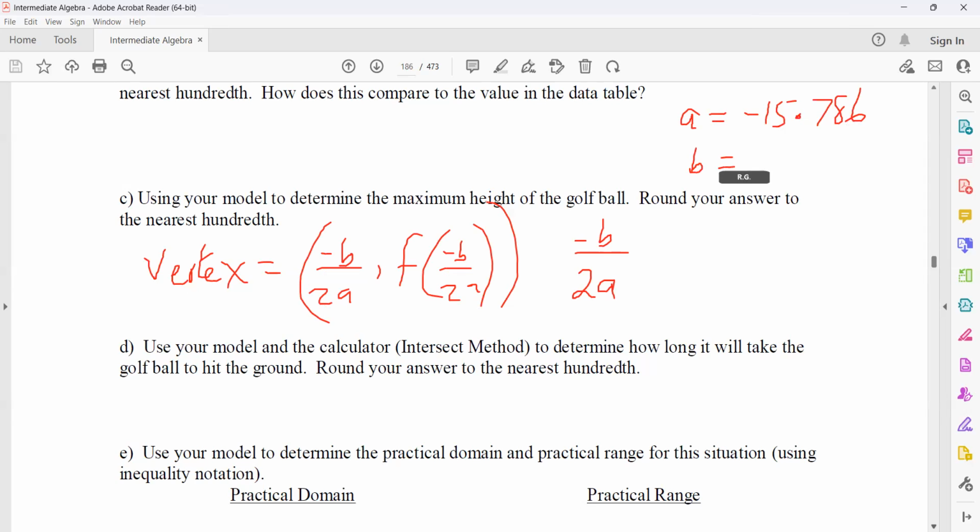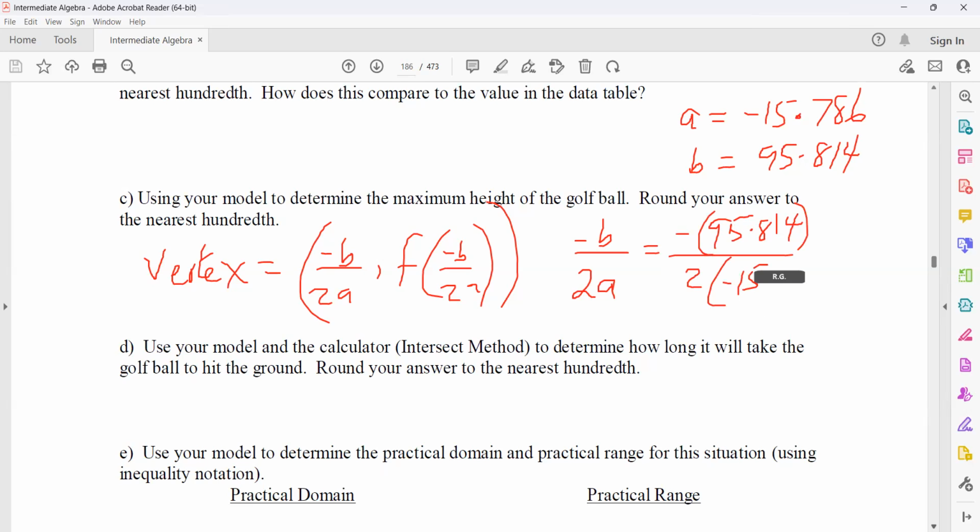B was 95.814. So we're going to have negative 95.814 all over 2 times negative 15.786. And what would this give us for our x value? I think it's going to give us something like 3.03. Remember, we are dealing with 2 decimal places, so approximately it's 3.03.